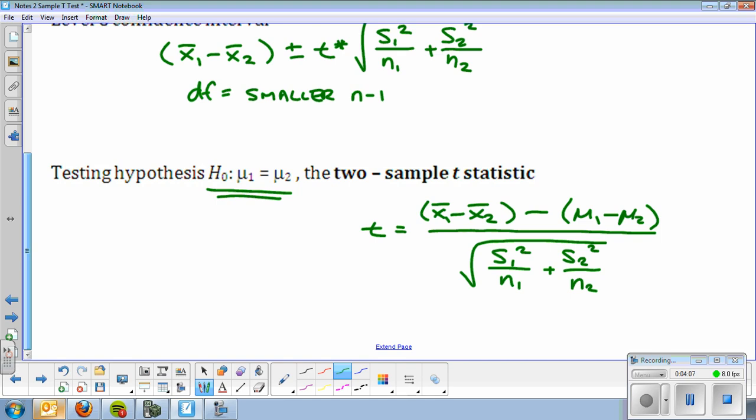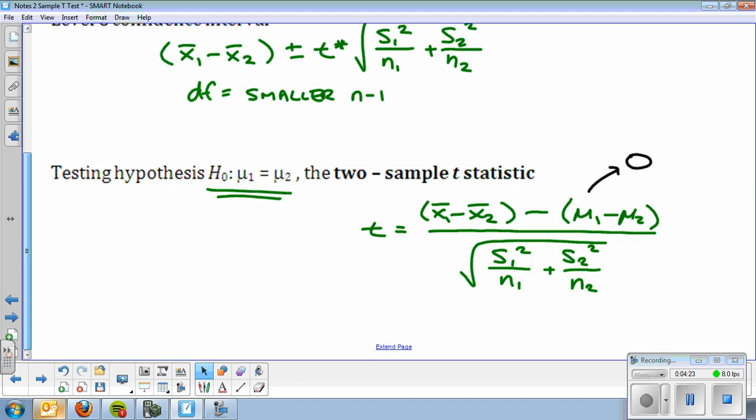And again, that looks pretty nasty, but once you start plugging in, you'll realize it's not too bad. Now, this is really nice because mu1 minus mu2, again, if there's no change between the two, it's going to be 0. So that part of the formula really is just going to cancel out and be 0.